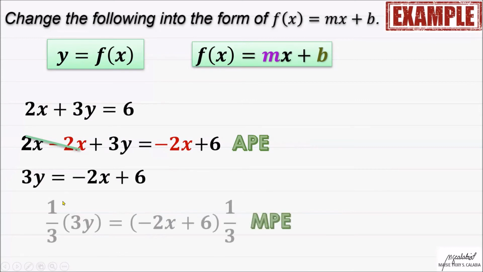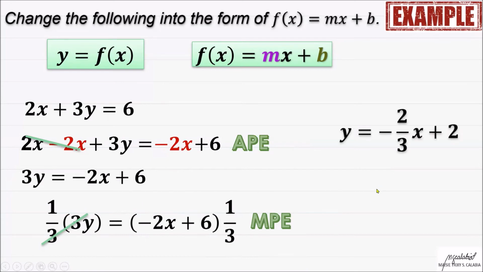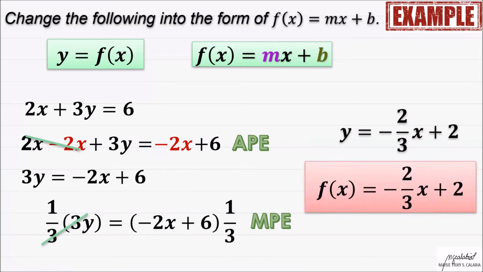So multiply both sides by 1/3. So negative 2x times 1/3 is negative 2/3 x. 6 times 1/3 is 6 over 3, and 6 over 3 is equal to 2. So our answer will be y is equal to negative 2/3 x plus 2, or f of x is equal to negative 2/3 x plus 2. So that's it.